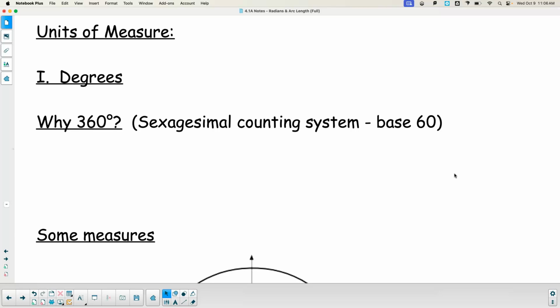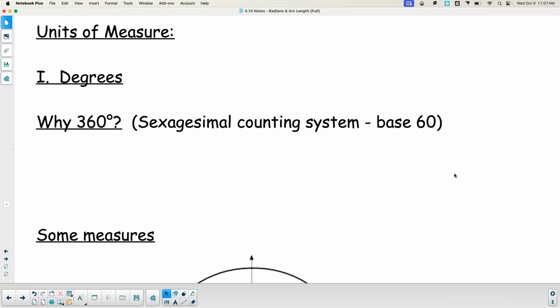It's a base 60 counting system, and the true, real reason that they went with 360 is because so many numbers evenly divide into it. Okay? 1, 2, 3, 4, 5, 6, 8, 9, 10, 12, 16.